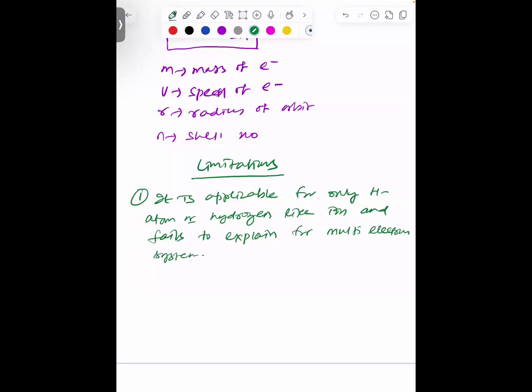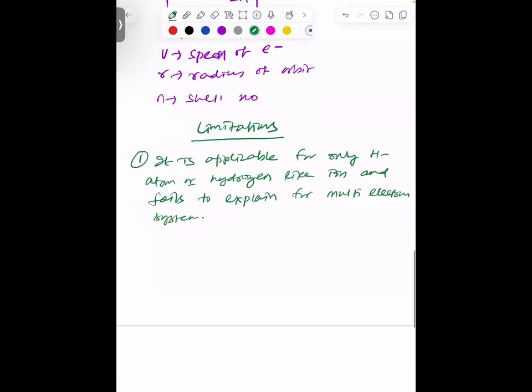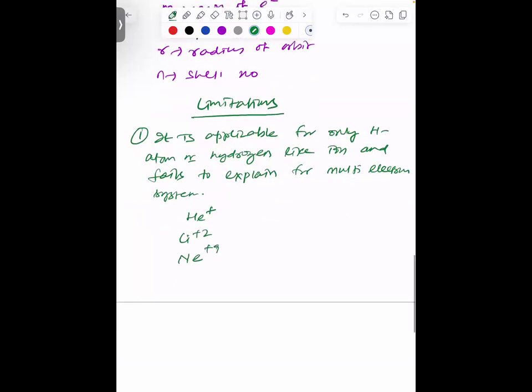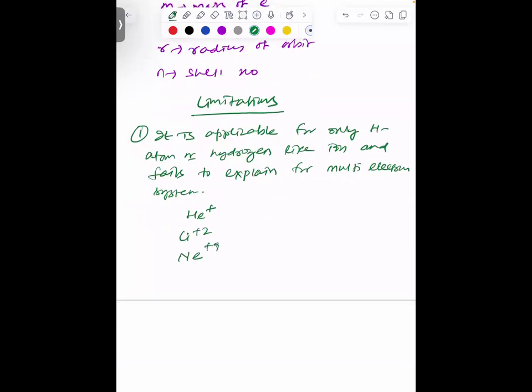Hydrogen like ions mean He plus, lithium 2 plus. Suppose we are taking neon, which consists of 10 electrons; neon 9 plus is hydrogen like. For all these we can apply the model.